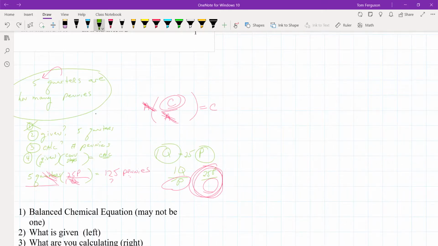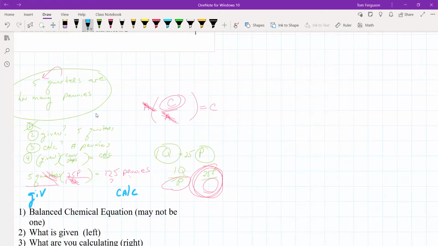Let's do this in another color. I'm going to put the given on the left, and what we're trying to calculate on the right.